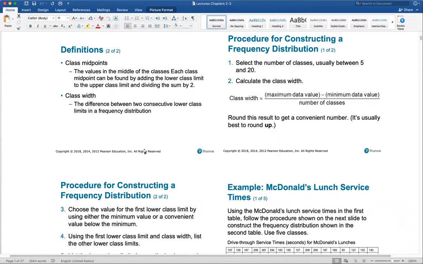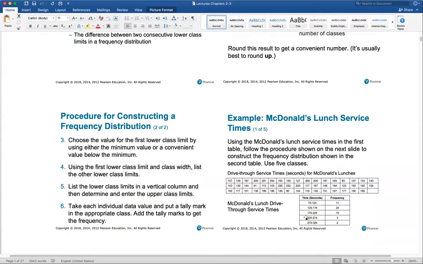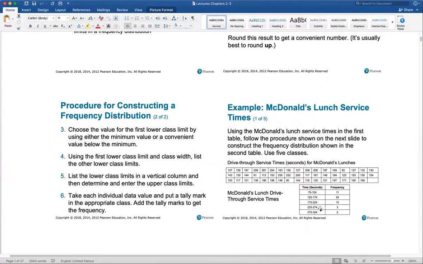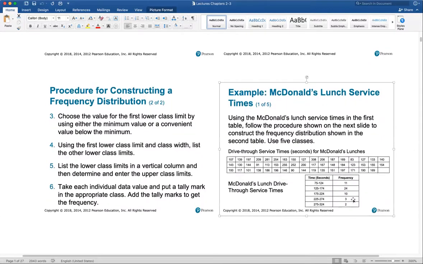So here, the class width between the first and second class in this example, let me zoom in. Yeah, in this table right here, 125 minus 75, that's going to be the class width between the first and second.